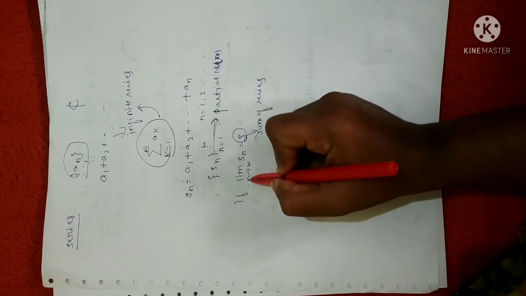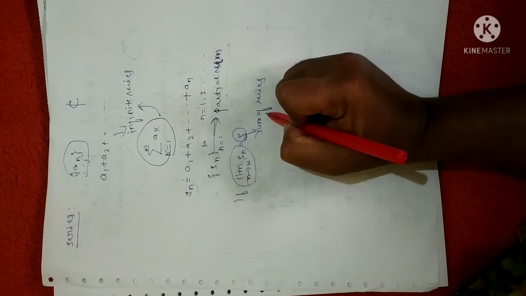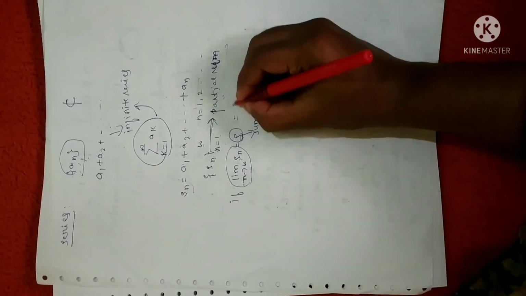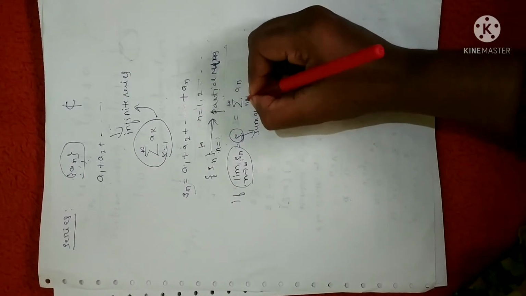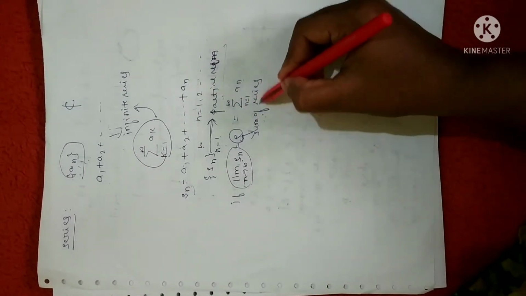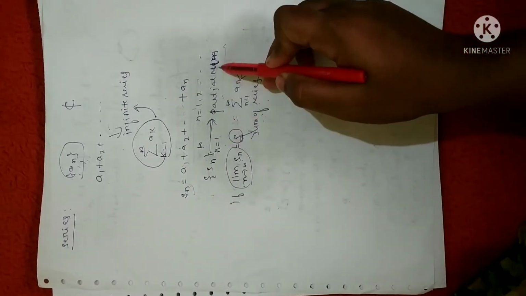When the limit as n tends to infinity of Sn is S, here S is called the sum of the series and it is represented by the summation of all the elements of the sequence an, n equal to 1 to infinity. So this is called the sum of the series. This is called the partial sum.